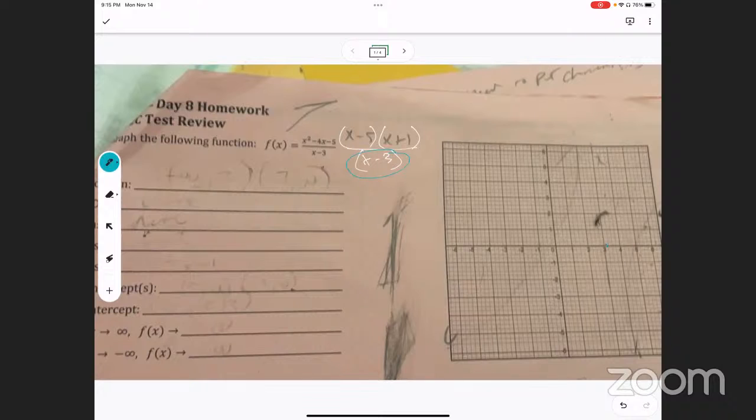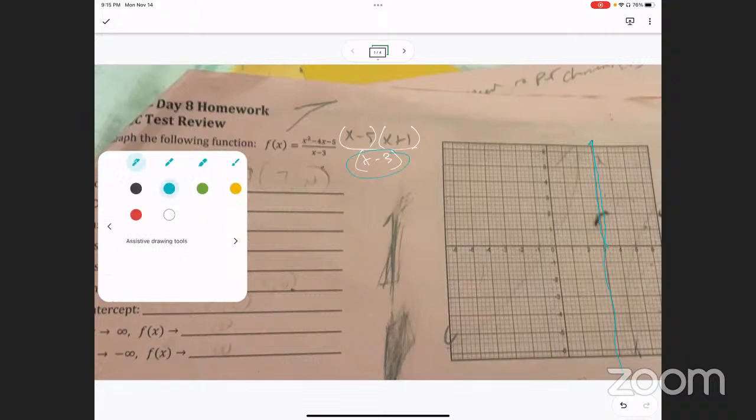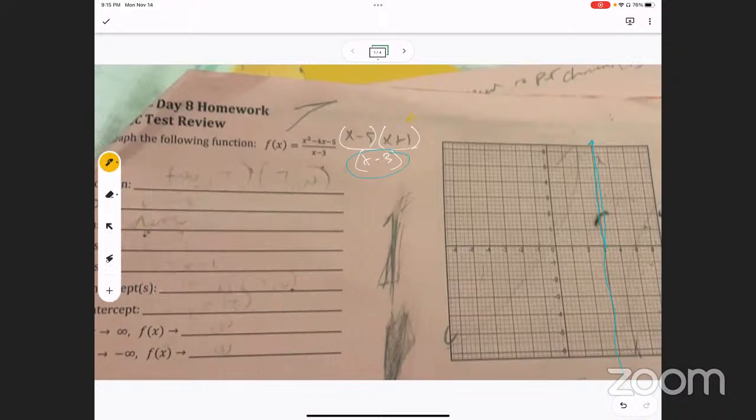That gives you your vertical asymptote right there at 3. These two things give you your x-intercepts. So -1 and +5 are your x-intercepts.